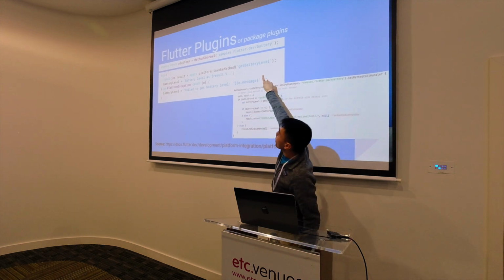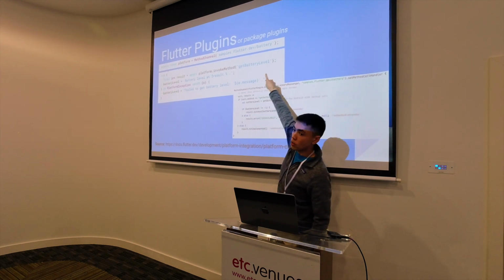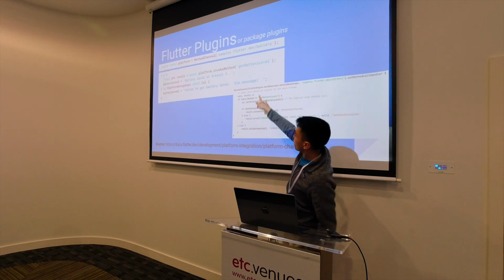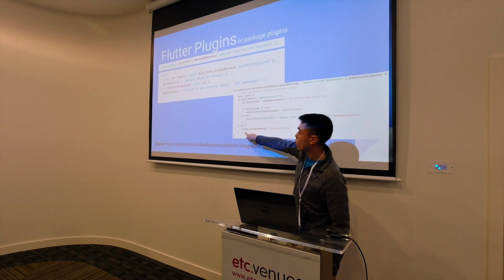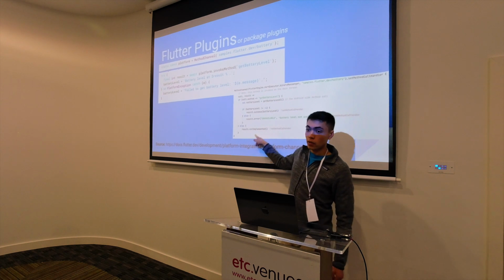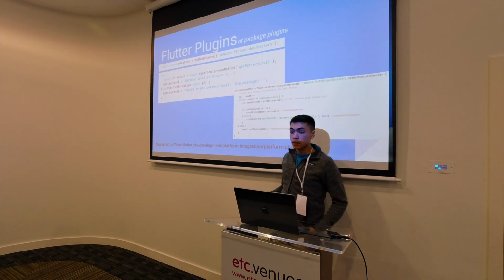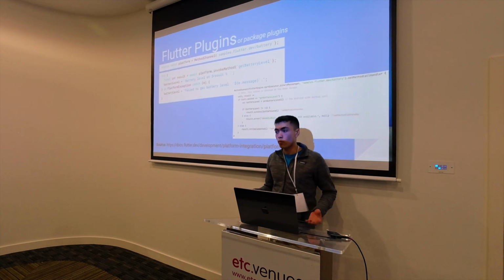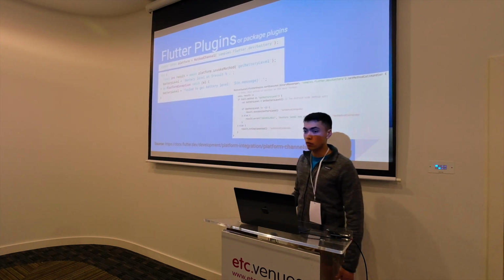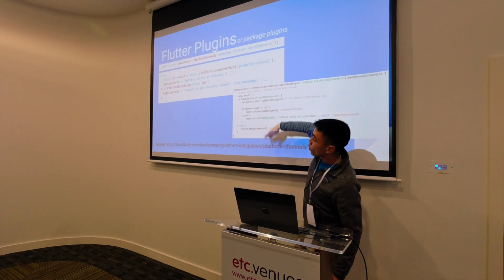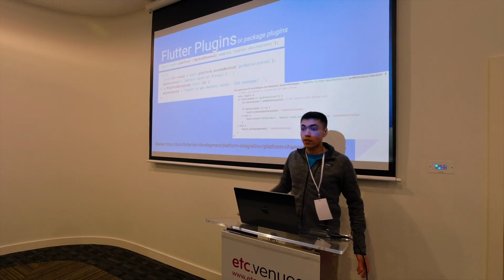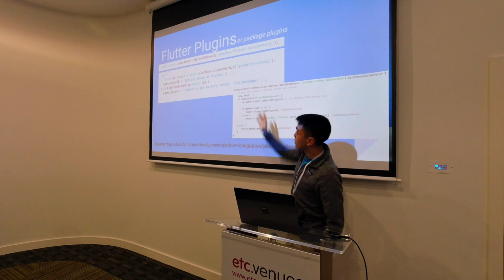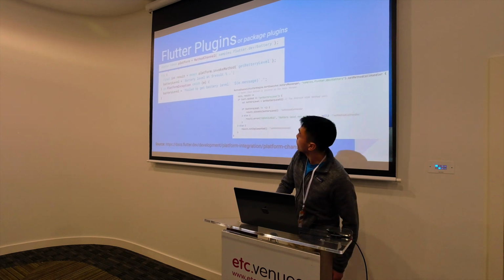What happens if you call a method which is getBatteryLevel-1 or something by accident, and the other side is listening to the wrong one? It's just going to go into this not implemented case, and you'll get an error. So there's not much type safety here. What you can do is use another library called Pigeon, a package for Flutter, and it will generate all this code for you, so you wouldn't have this kind of bug if you mistype these strings.